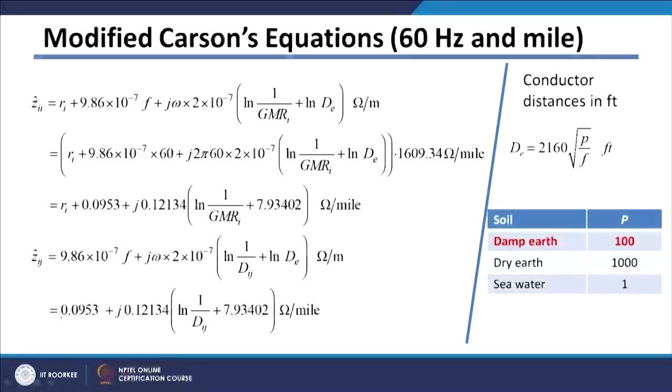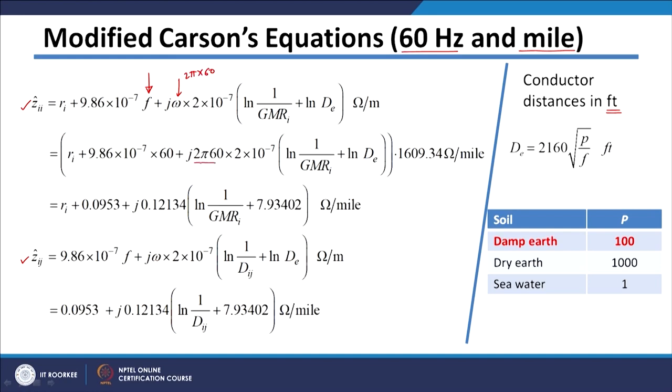Let us say the frequency of your distribution system is 60 hertz, the unit of measurement of distances of the feeder is in miles, and the distances between the conductors are given in feet. Then we can easily modify these expressions for self impedance and mutual impedance by putting the 60 hertz frequency here, and here also this will become 2 pi into 60.